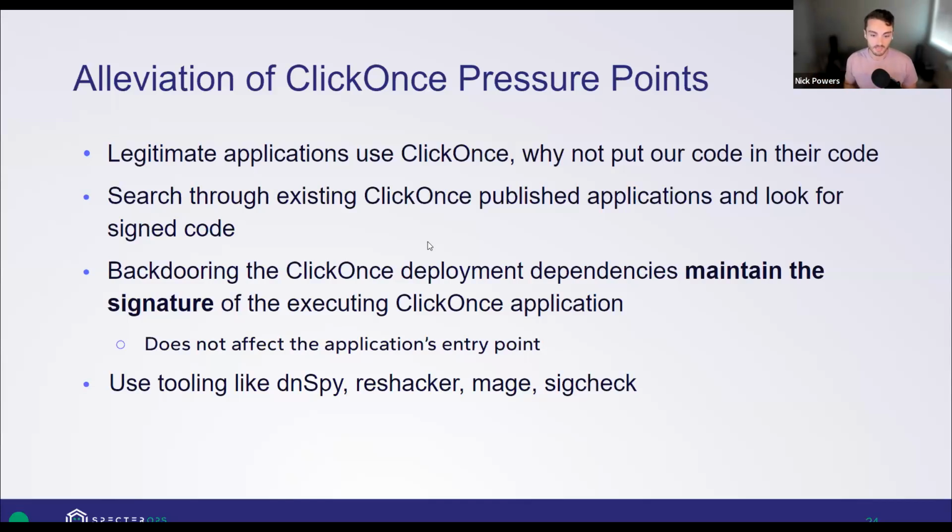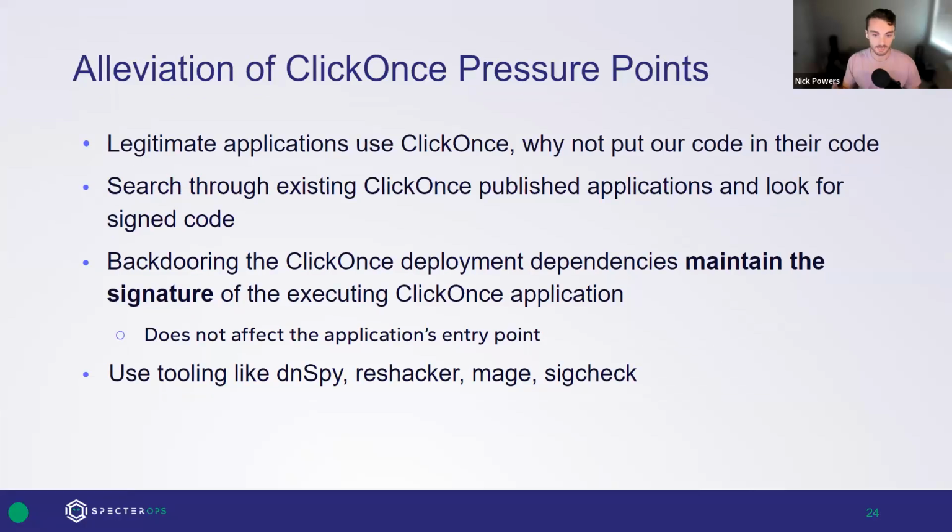We're not making any modifications to the signed and trusted assembly that runs for this ClickOnce deployment that we would be backdooring. We are sideloading it using some sort of DLL sideloading technique, app domain manager injection, something like that.